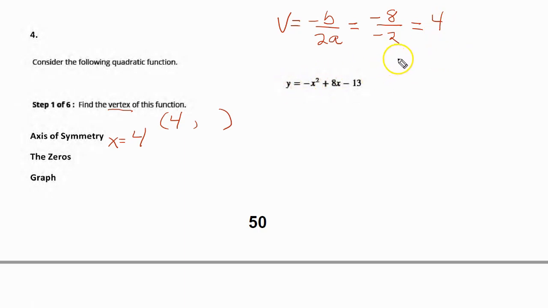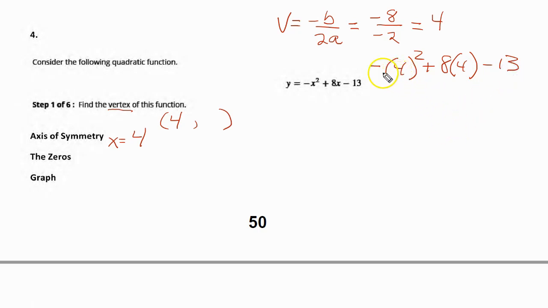Well, we just substitute. So this is going to be a negative 4 that we're going to square plus 8 times X, which is 4, minus 13.